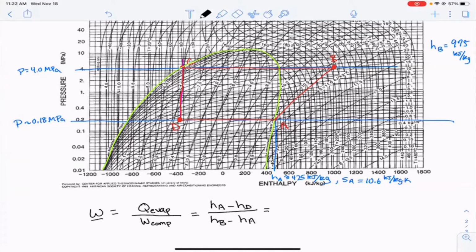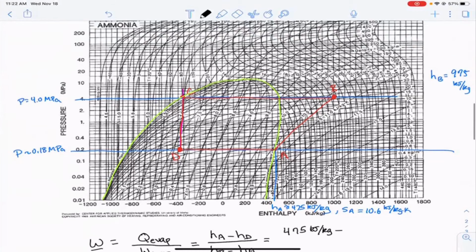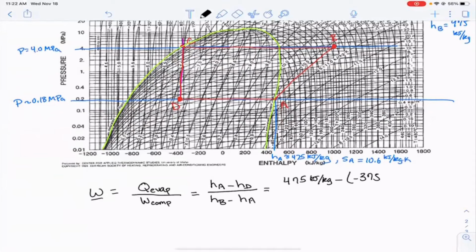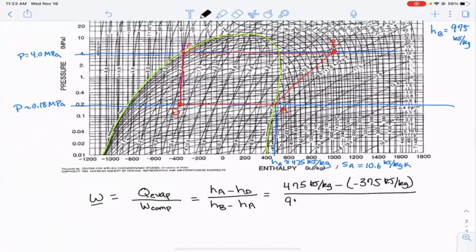And if we do that, well, HA we read was 475 kilojoules per kilogram minus the enthalpy at D, which was equal to the enthalpy at C. And we went straight down, and that was 375 kilojoules per kilogram, then divided by the enthalpy at B, which was 975 kilojoules per kilogram, minus the enthalpy at A, which is again 475 kilojoules per kilogram.